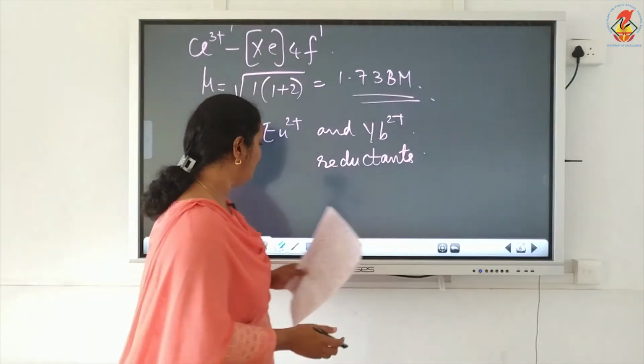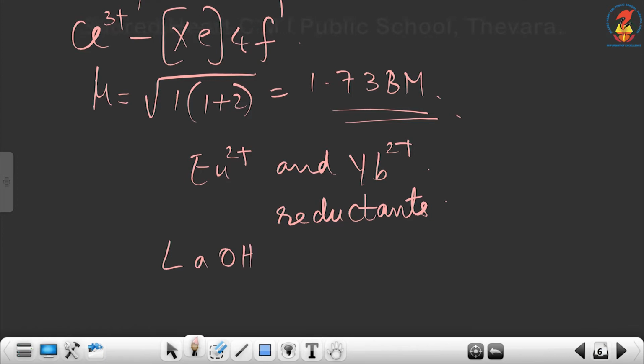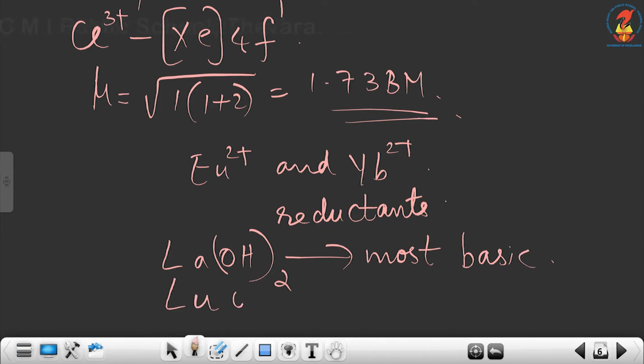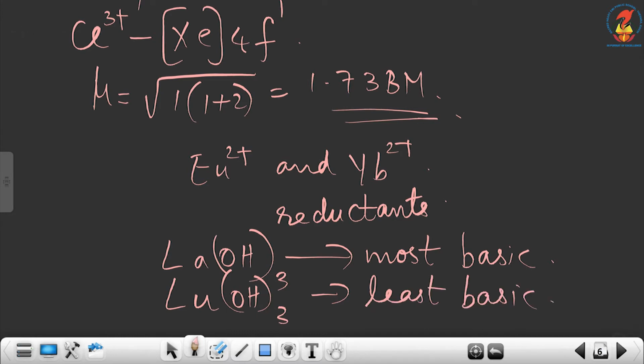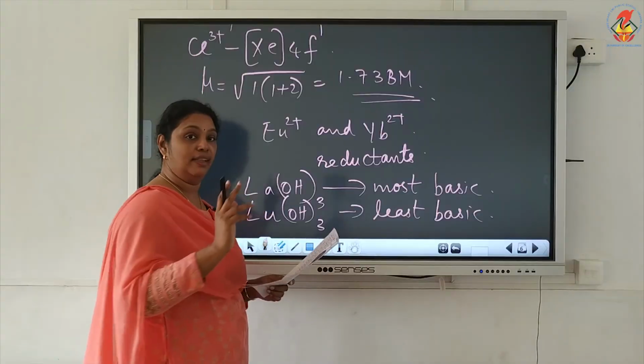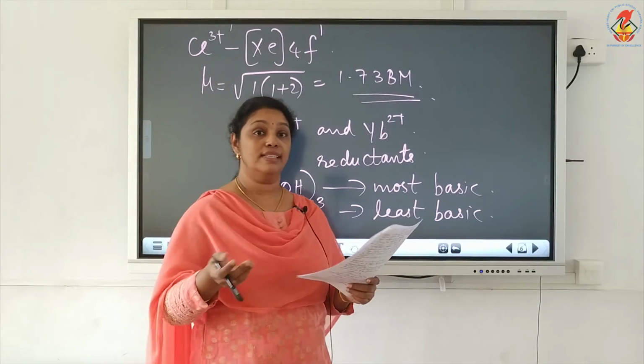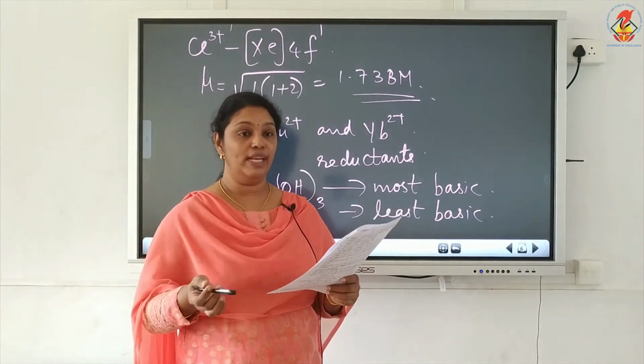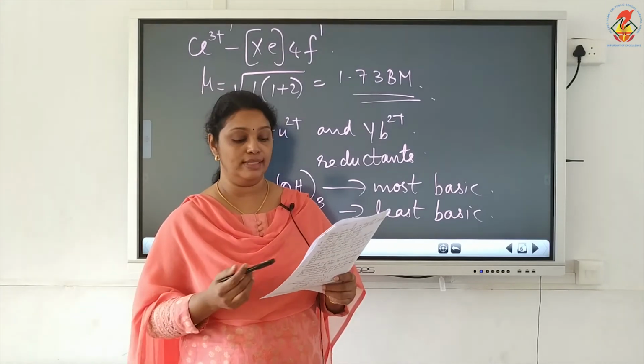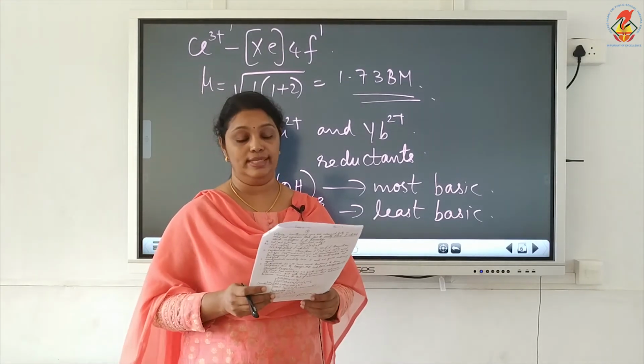Thus you can say lanthanum hydroxide is the most basic and lutetium hydroxide, where the valency is 3, is the least basic. So the answer is, as you move from La3+ to Lu3+, the size of the ion decreases, covalent character of hydroxides increases and hence basic strength decreases.